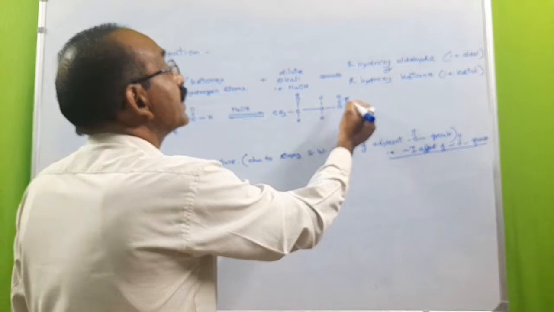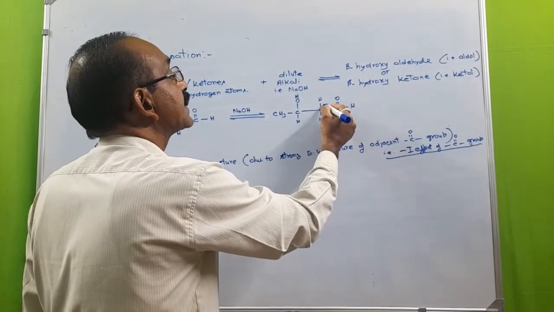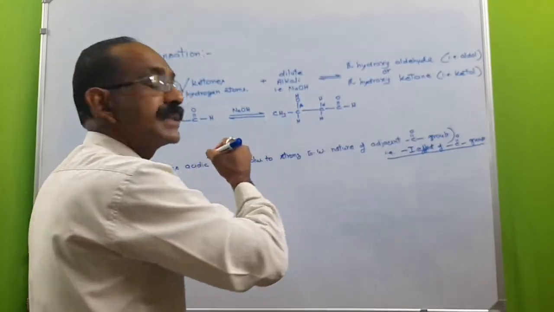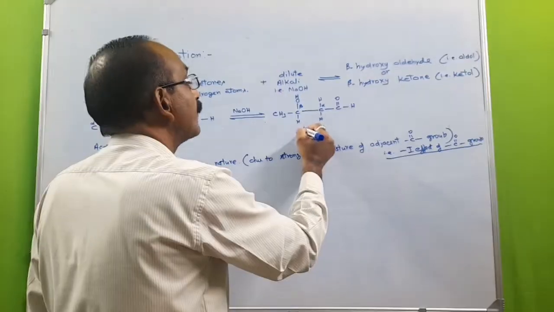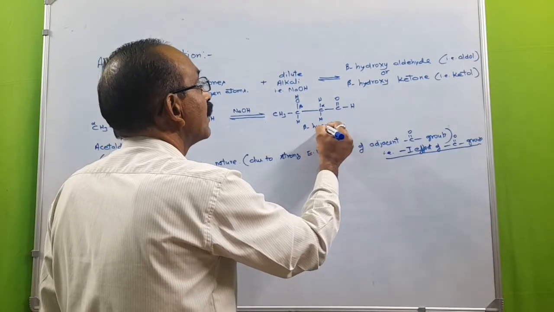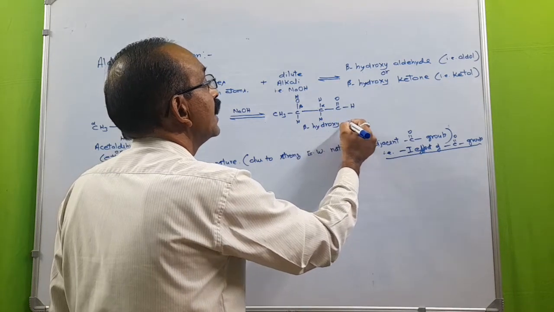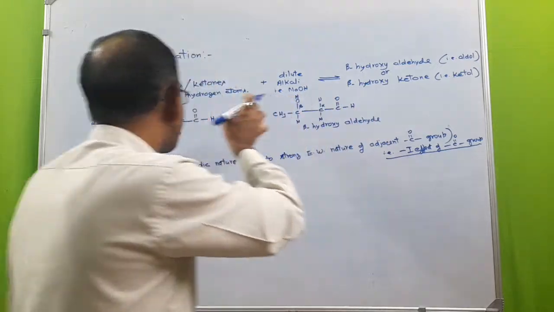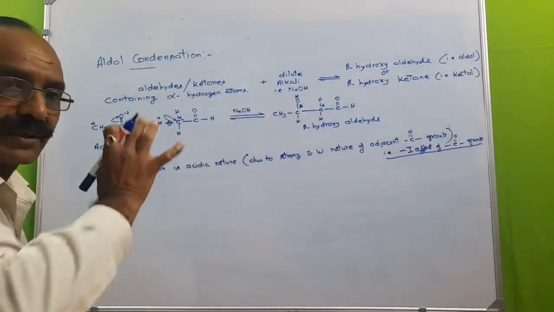See, here this is the functional group, the adjacent carbon is alpha carbon, and the next carbon is beta. So in this way we obtain beta hydroxy aldehyde. Here the two molecules combine together.